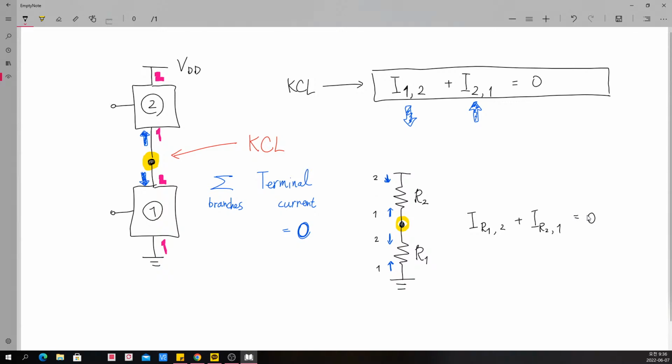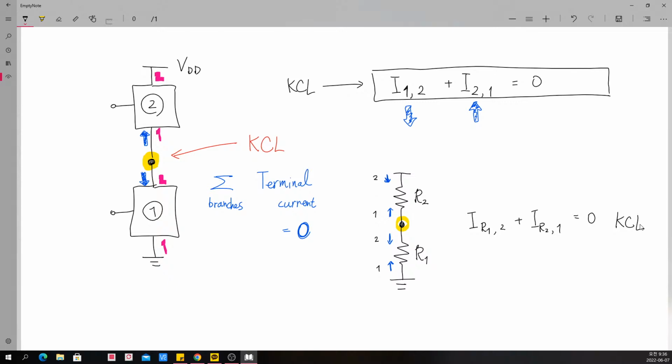That will be the only thing we have to additionally introduce to our system. This is nothing but KCL. But let's think about the real implementation of this system.